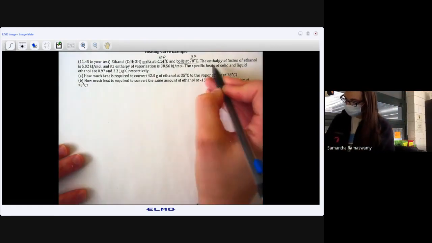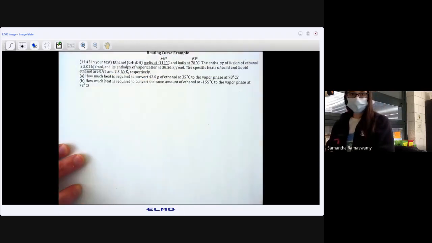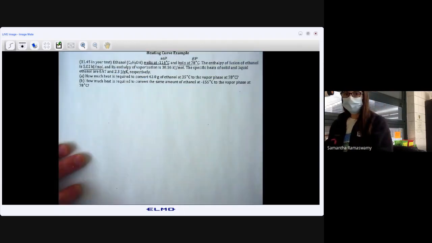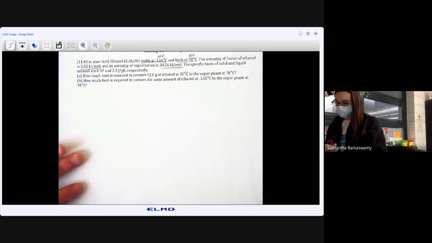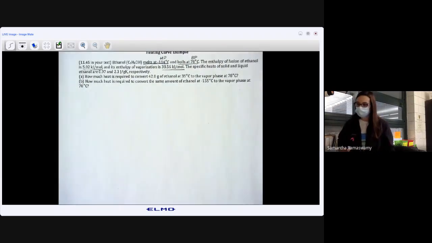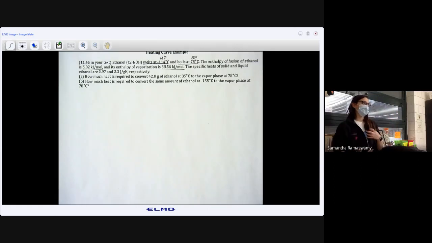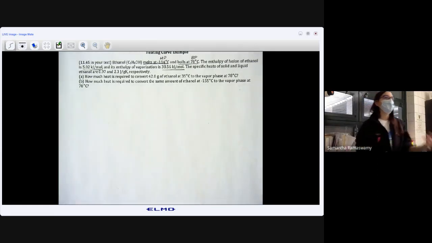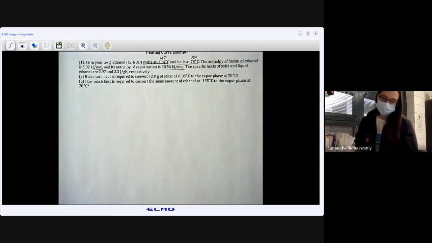The enthalpy of fusion of ethanol is 5.02 kilojoules per mole, and its enthalpy of vaporization is 38.56 kilojoules per mole. Then it gives us the specific heats of solid and liquid ethanol. Notice they're giving us all of the information we need at the top of this page. There's nothing we have to memorize or look up. Everything is given to us right here.